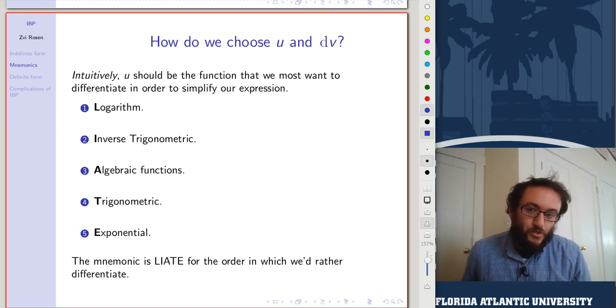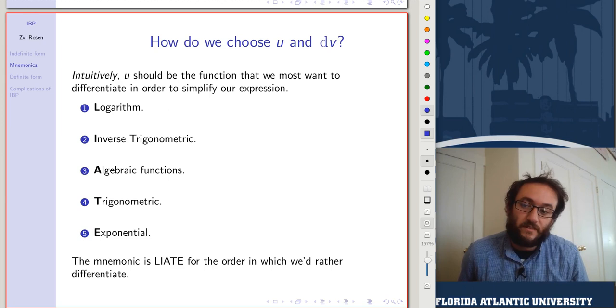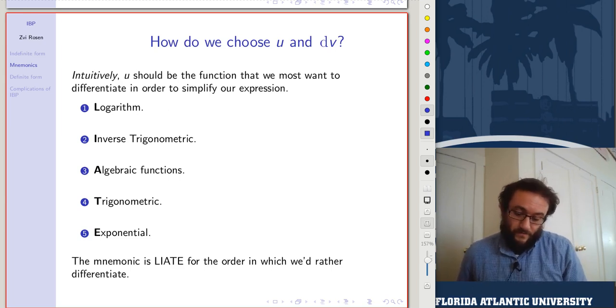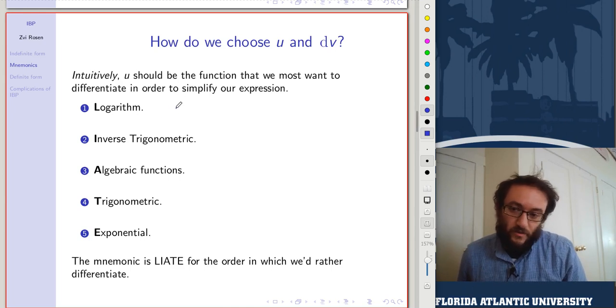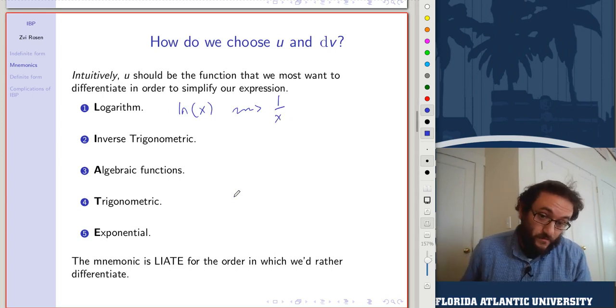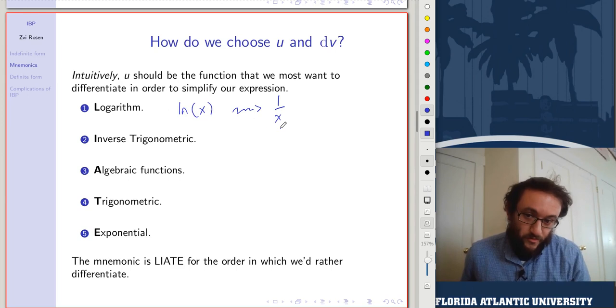Intuitively, u should be the function that we most want to differentiate in order to simplify our expression. So for example, if we have a logarithm in our integral, so ln of x, when we take the derivative of that, it becomes 1 over x. And that can be much simpler, right? Logs don't play too nicely, but 1 over x can cancel with polynomials, for instance.